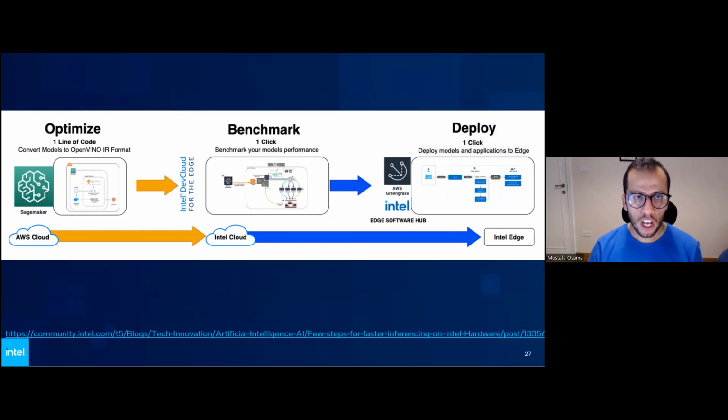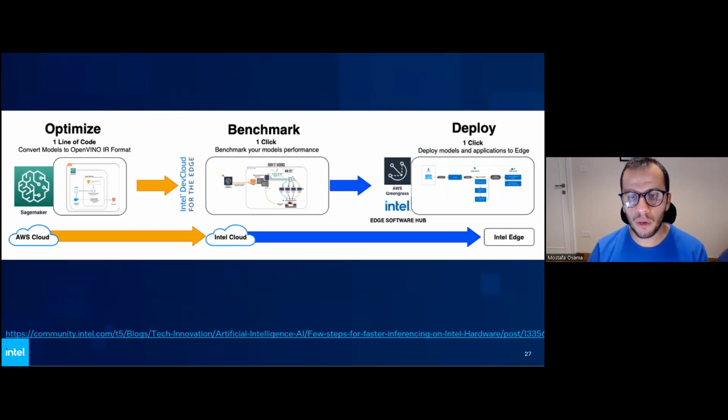Okay, so here in this diagram, we want to support the cloud developer journey from cloud to the edge. So you can build and train your models in AWS using AWS SageMaker, and then optimize these models using the OpenVINO Toolkit Model Optimizer. Once you have optimized your model, you will be able to benchmark your models in Intel Dev Cloud across Intel hardware architecture to see which hardware can fit your need, for example.